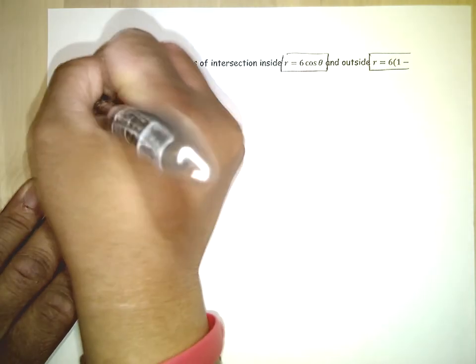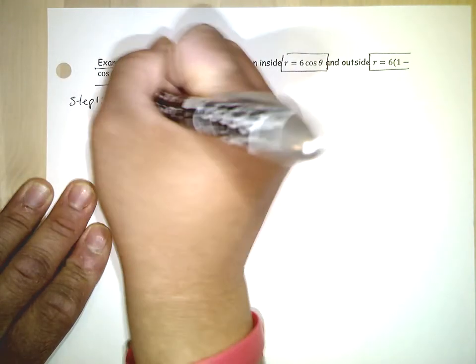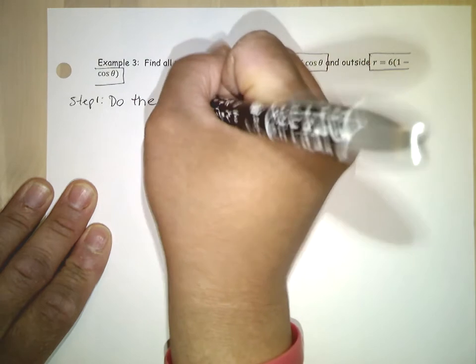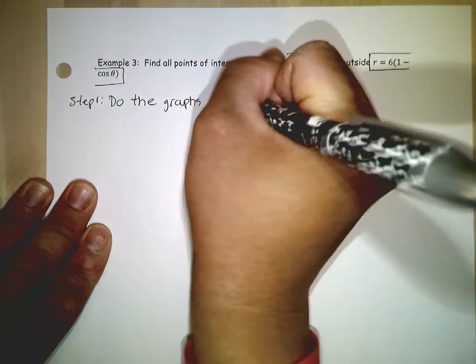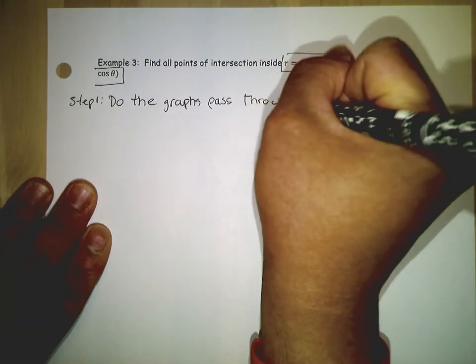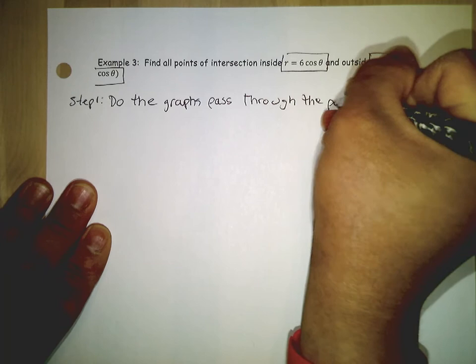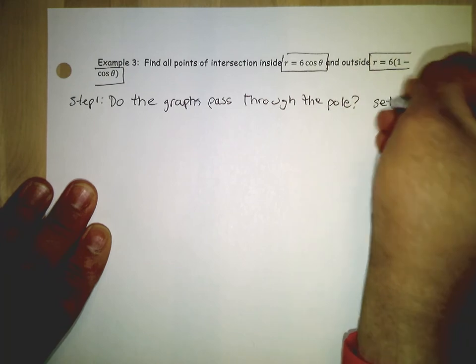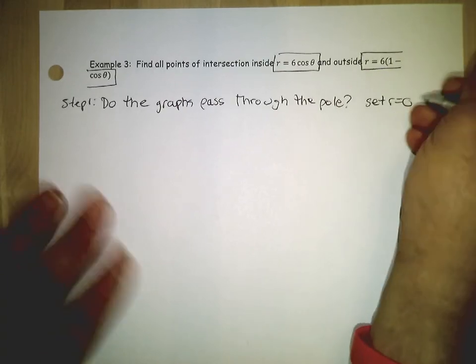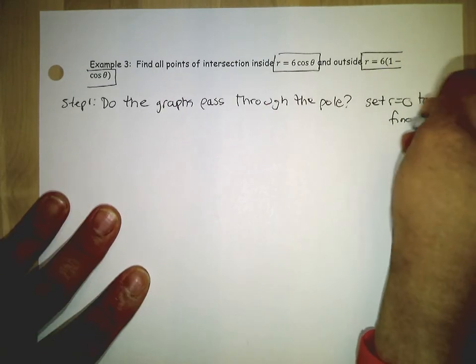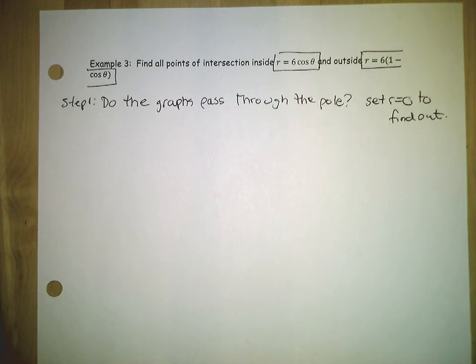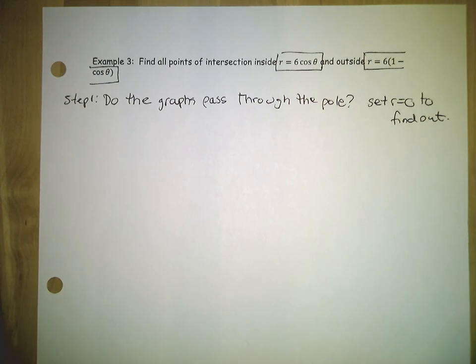Step 1 was: do the graphs pass through the pole? Well, you can set r equals 0 to find out. All right, so let's do that today.